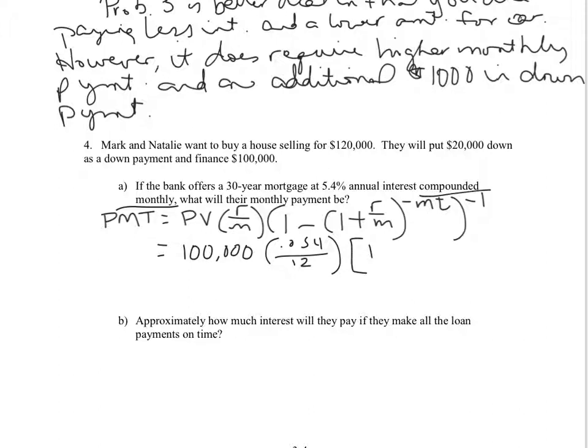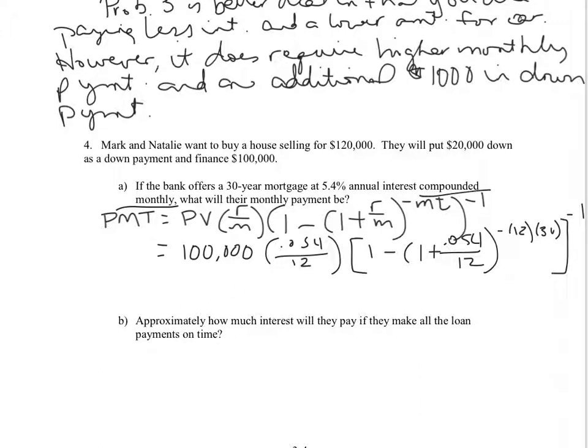We have 1 minus, in parentheses, 1 plus 0.054 over 12 raised to the negative, M is still 12, but they're going to finance this for 30 years, so T is 30, and this has to be raised to the negative 1 power.